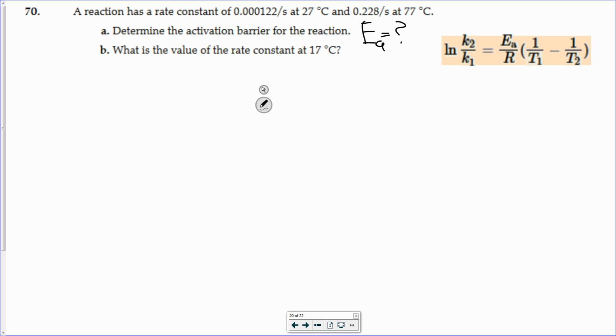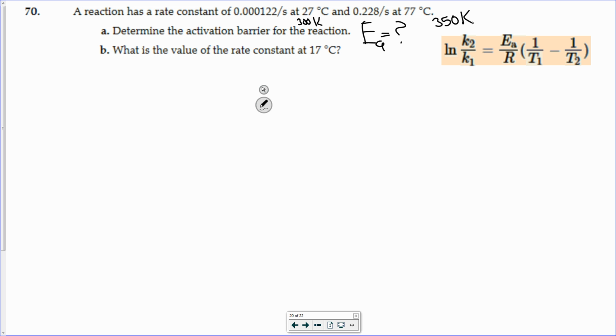Well, the first thing I've got to do is get the temperature into Kelvin. So I'm going to take those numbers and add 273 to both of them. So the first one's easy, 300 Kelvin, and 350 Kelvin. All right?